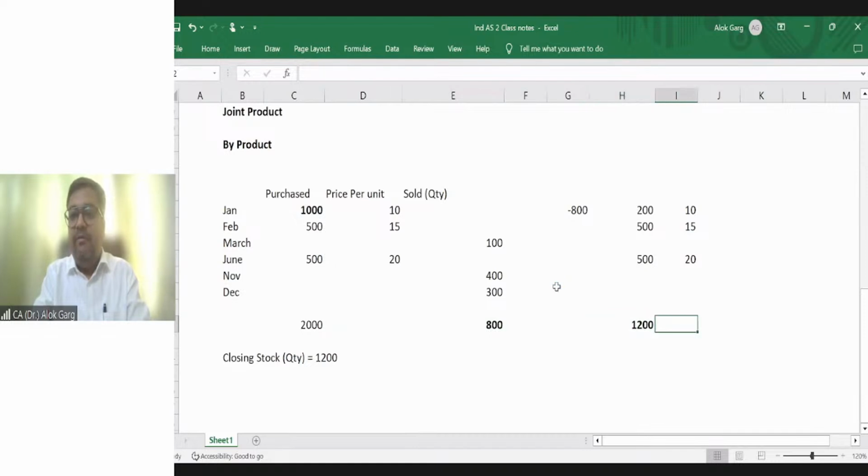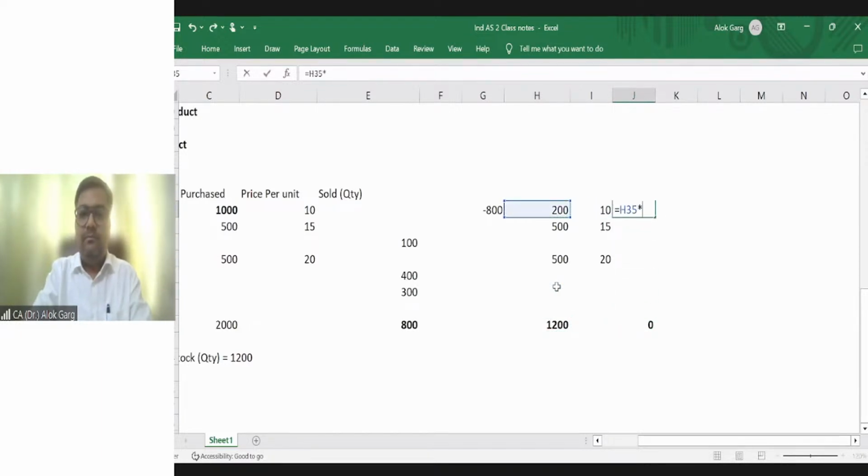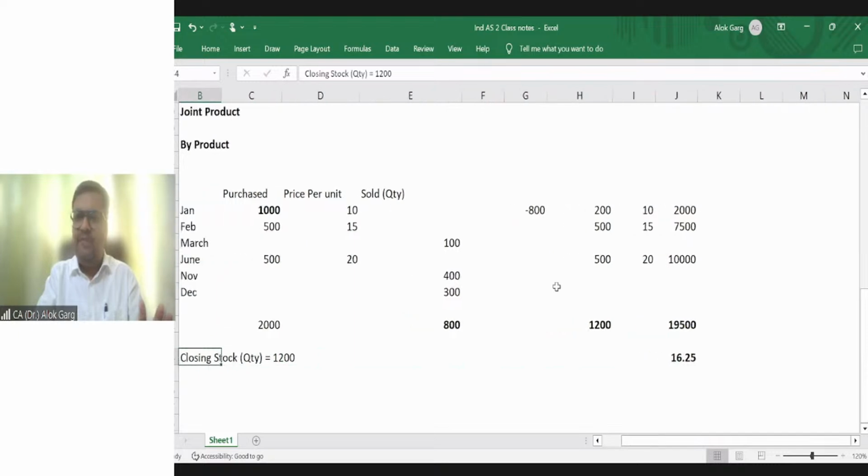The value of the closing stock will be 19,500. So the per unit value of the closing stock is 16 rupees 25.